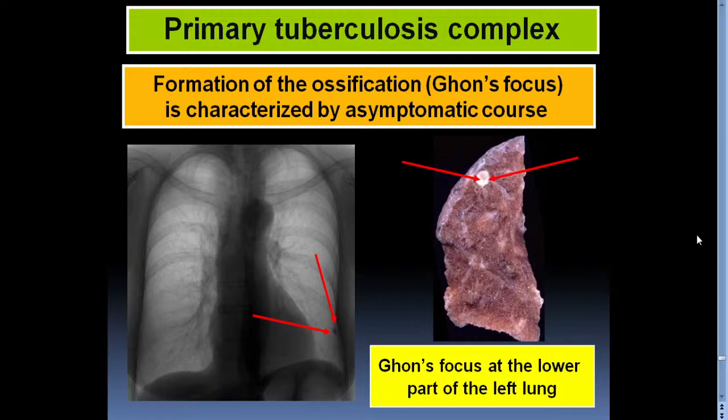Formation of the ossification Ghon's focus is characterized by an asymptomatic course, because this is a very small, local process. And on this X-ray, we can see a single focal shadow at the lower part of the left lung. On macro preparation, you can see a single focal shadow with caseous necrosis inside, necrosis of white color.